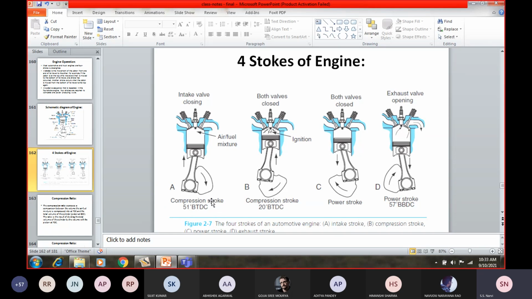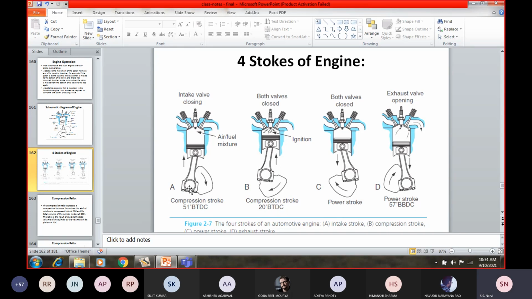It is known as the suction stroke, where originally the piston was here. Then it will move down and it will suck air from this wall. So air will be sucked in and the piston is moving down.